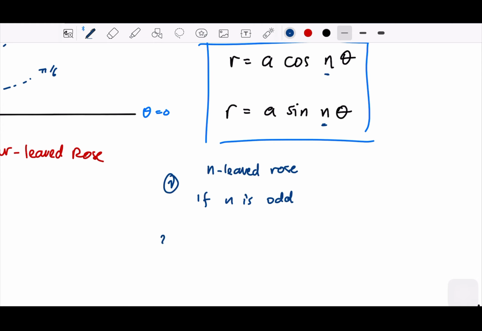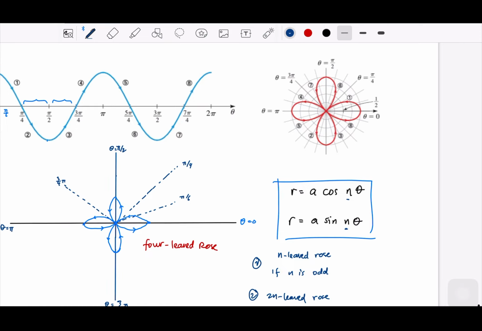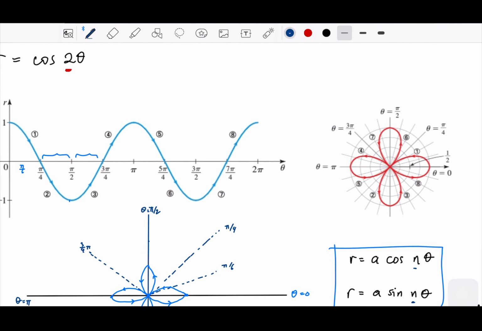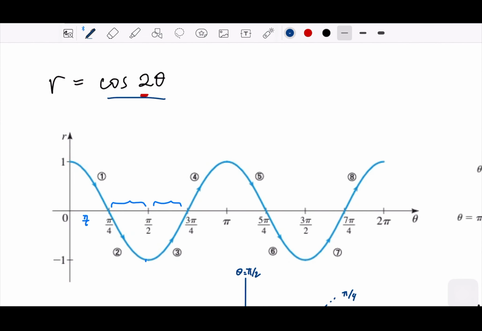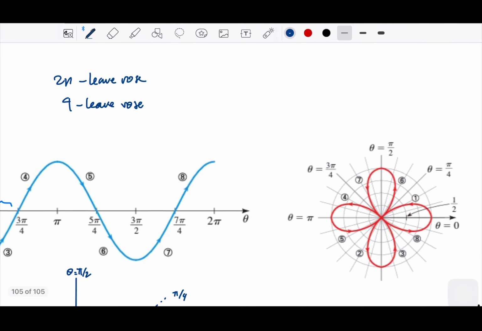This is the first case. The second case, we call 2n-leaf roses if n is even. For example, take cosine 2 theta here, which means n is even. Then the number of leaves we have is 2n, so a four-leaf rose. But when we have, for example, cosine 3 theta, we will have a three-leaf rose.